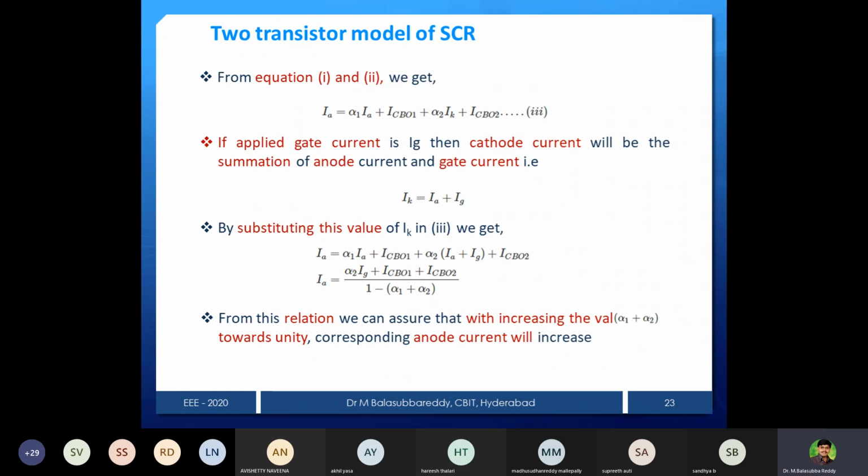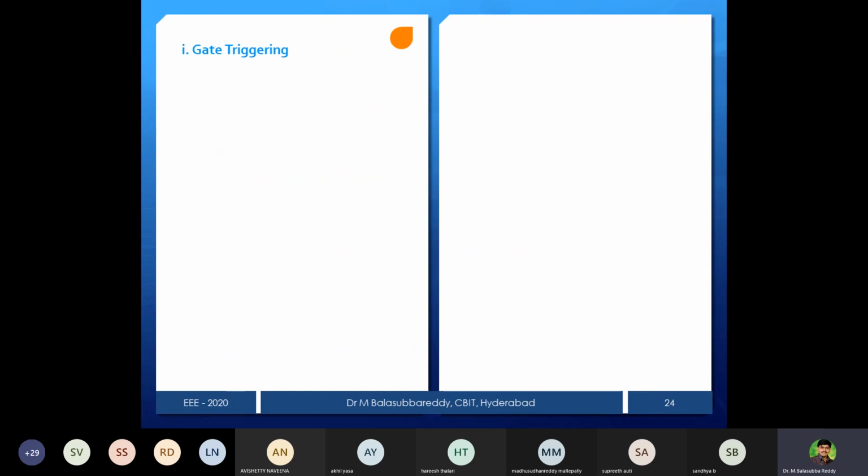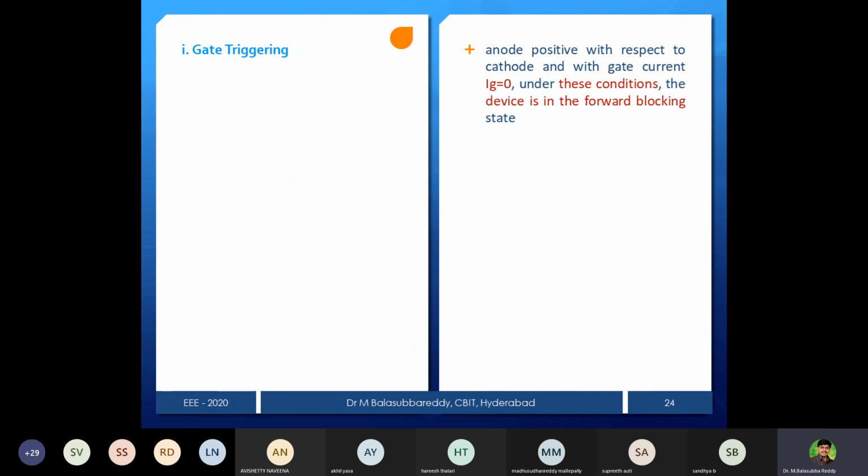That is the reason. Then we'll see how alpha 1 and alpha 2 are going to become unity. Now we'll see the start procedure, how we can increase alpha 1 and alpha 2. The anode is positive with respect to the cathode, and IG is 0 at that moment. I call it the forward blocking state.